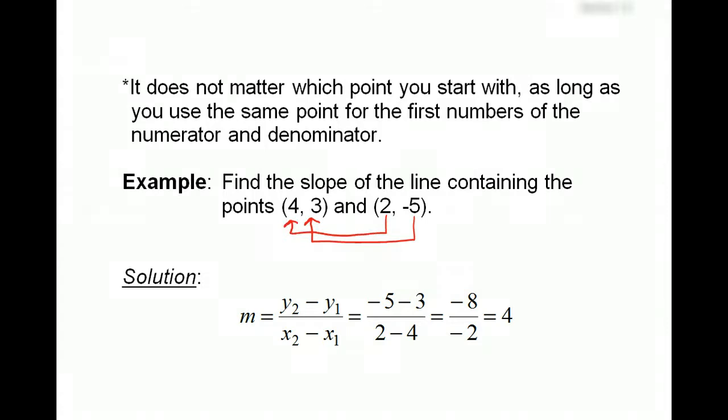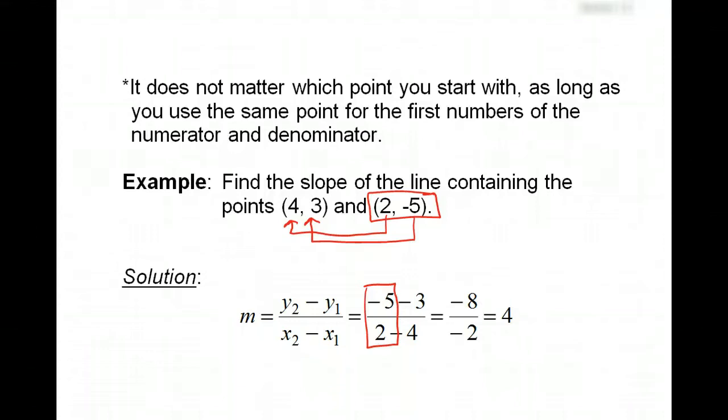Now notice, if I'm going to start with the -5, I must start with the 2. It doesn't matter which point you start with as long as you use the same point for the first numbers of both calculations. In other words, these two coordinates must have come from the same point.